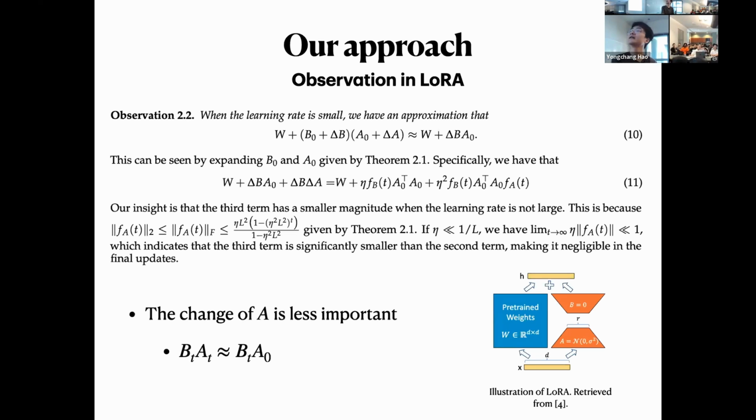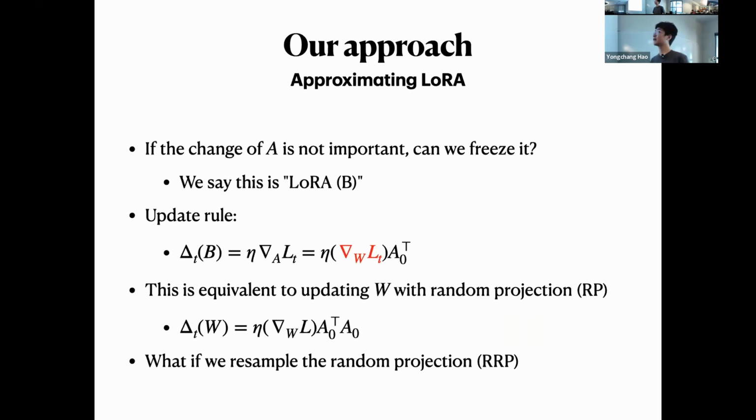Okay, so the intuition here is that the change of A is not important with this theorem. So our idea is, if it's not important, why don't we just freeze it and only train B? We call this method LoRA-B, where we only train B in the LoRA module.